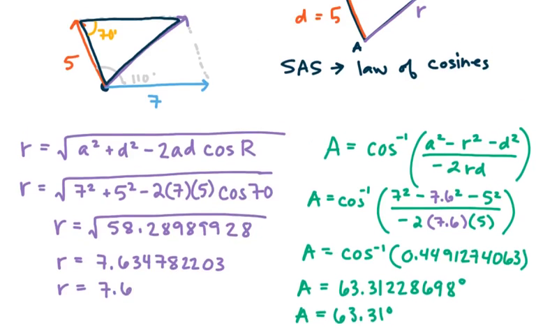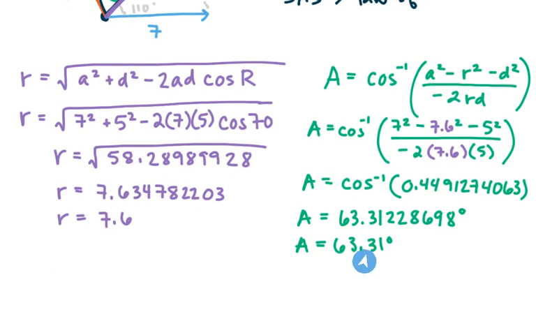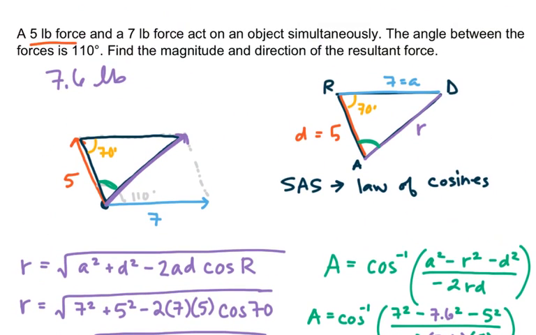So the resultant is 7.6 pounds of force. And we know that angle A is this piece right here. So this angle is 63.31 degrees.